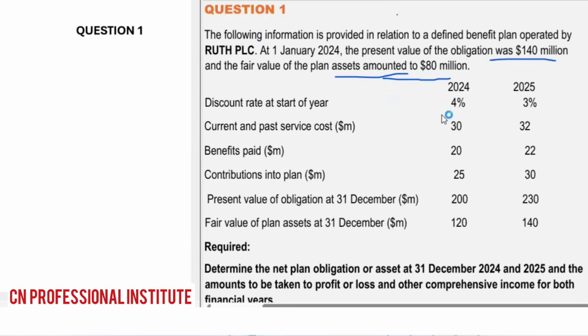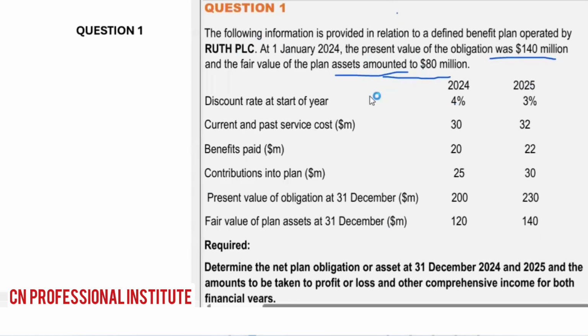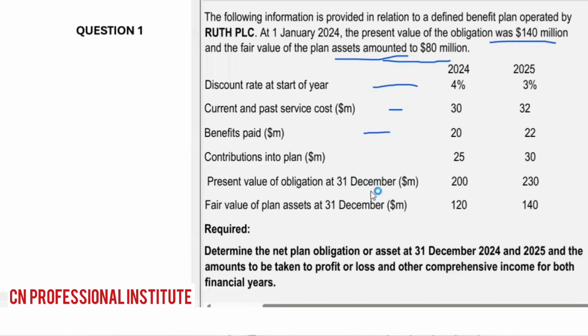So we have 2024, 2025. We have the discount rate at the start of the year, the current and past service cost, benefit paid out for both years, contribution to the plan, present value of obligation at the year end, and fair value of plan assets at the year end.